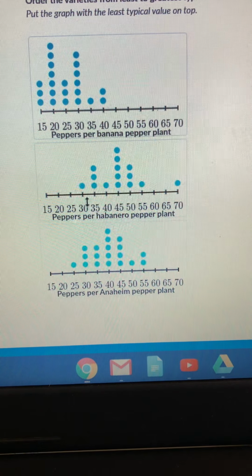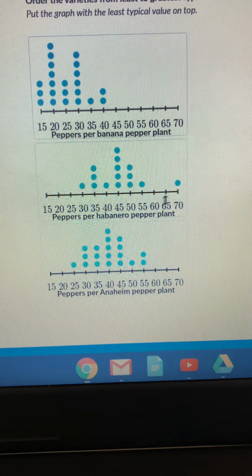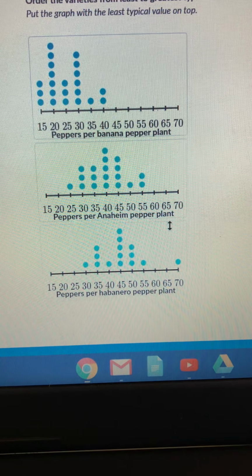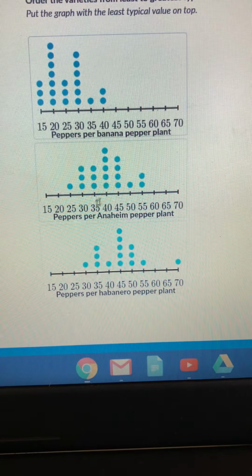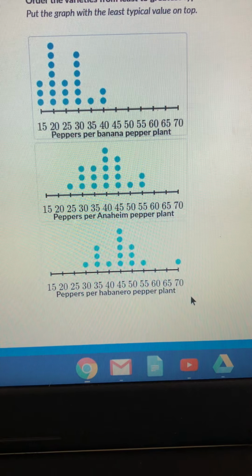This guy has 1 30, 3 35s, 1 40, a bunch of 45s. It seems like this has more. Not much more, but it does have more. These dots are more clustered, either centered or to the left, and these are a little bit more spread out and they have this 70, so I'm assuming that's what it's looking for.